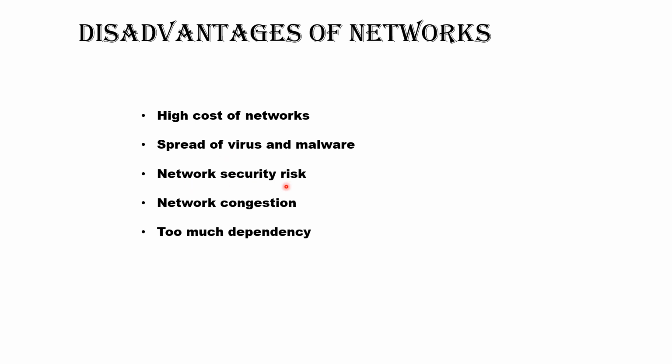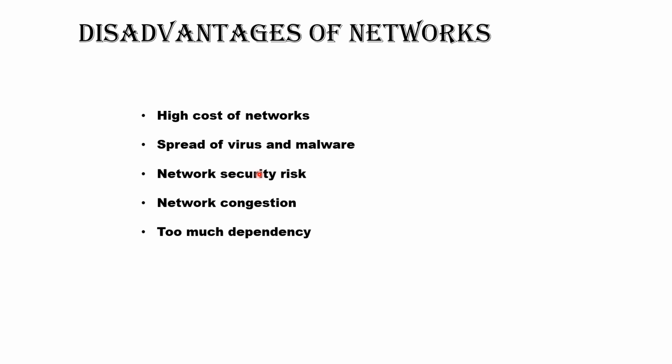Then there's the network security risk. This is clearly a risk because in a network there's the capability of a hacker hacking into the network and getting access not to only one device, but to all of the devices in the network. Then there's network congestion.